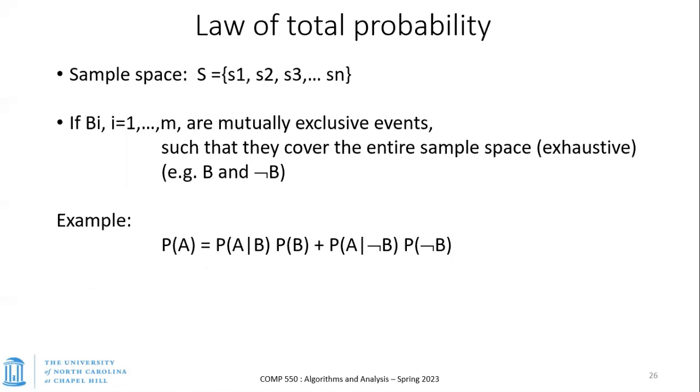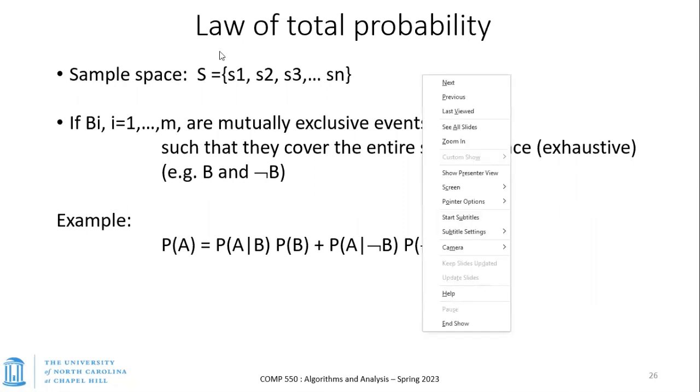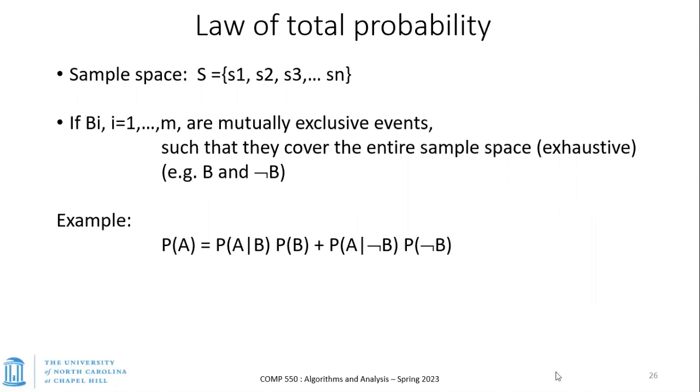Now let's go on and take a look at another concept. There's a law of total probability. Basically what it says is that if the B sub i are mutually exclusive events, so for example B and B bar are mutually exclusive, A and A bar are mutually exclusive, or if you think of the 6 outcomes, those 6 separate outcomes are all mutually exclusive.